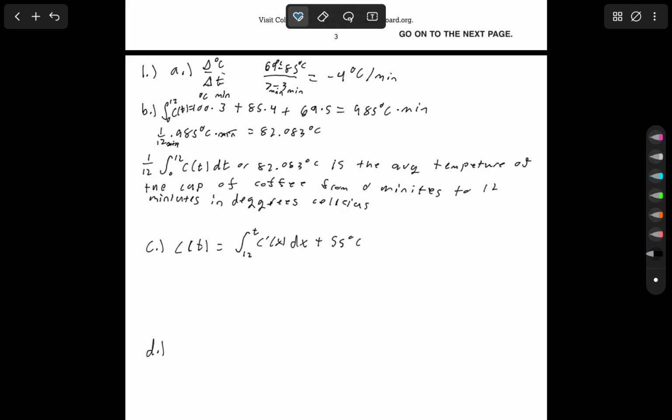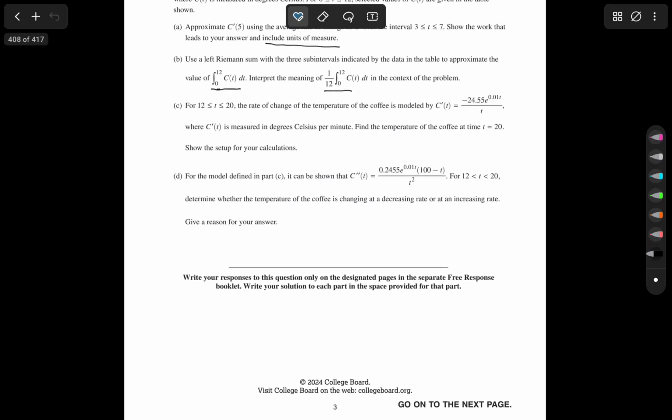Now we can evaluate this by plugging in 20. So this becomes the integral from 12 to 20 of C prime of x dx plus 55 degrees Celsius. This is a problem where we're going to punch it into our calculator.